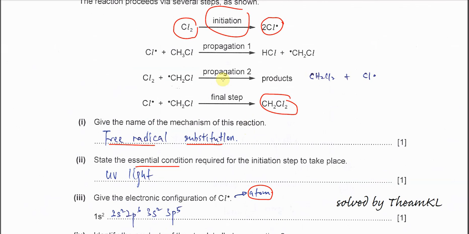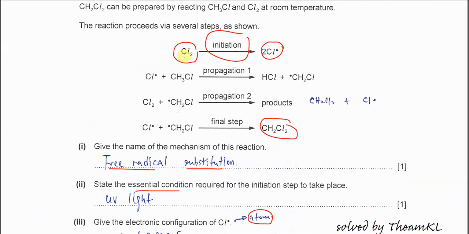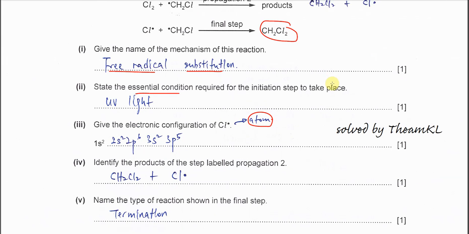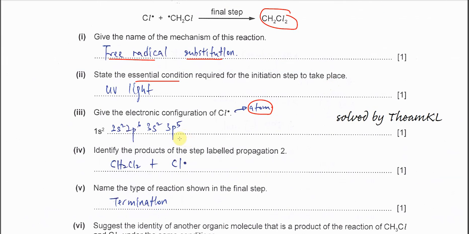Because in the first step, the chlorine molecule undergoes homolytic fission, the shared electrons move one electron to each chlorine to form the chlorine radicals. Therefore, you just need to give the electron configuration for the chlorine atom: 1s2, 2s2, 2p6, 3s2, 3p5.